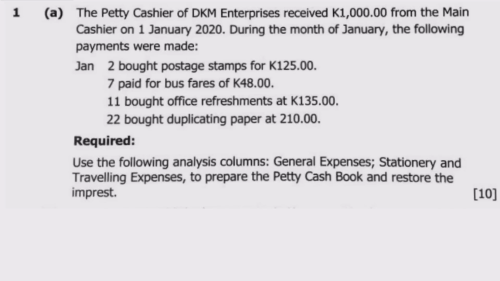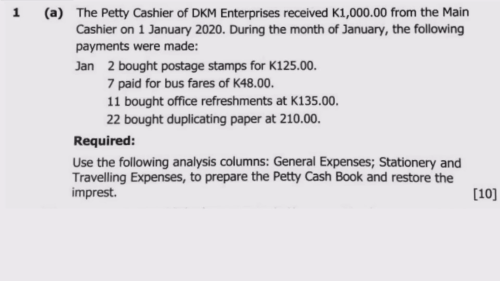On 7th January, paid for the bus fare of 48 kwacha. On 11th January, bought office refreshment at 135 kwacha. On 22nd January, bought duplicating paper at 210 kwacha.